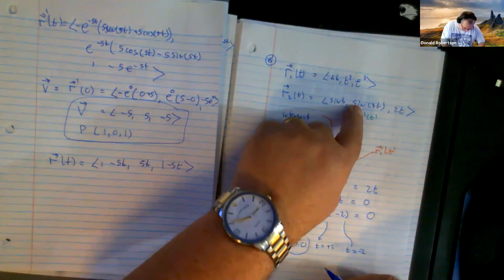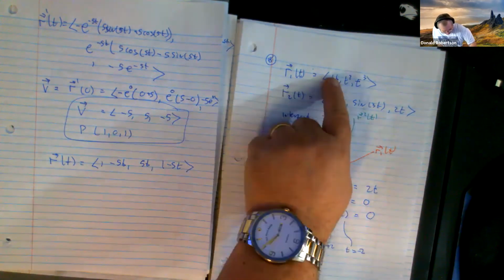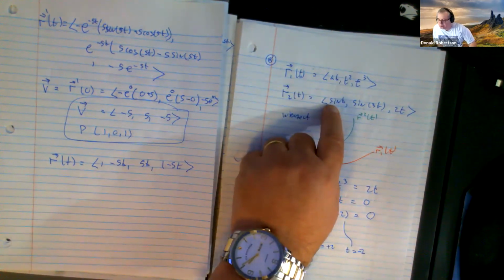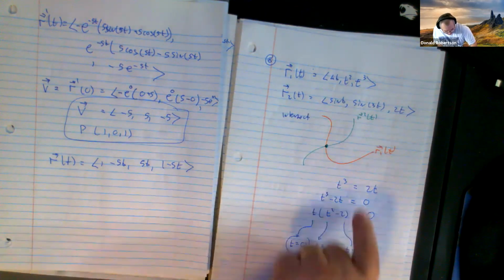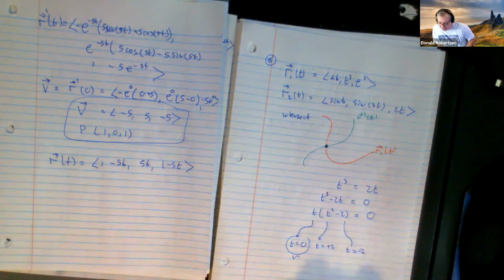Sine of that, 0 squared. Check. If I plug in 2 here, does A equal sine of 2? No, doesn't match. If I plug in -2, will negative A equal the sine of -2? It doesn't match. Do you see how I decided from 3 choices which one actually was the one that I needed? Does that make sense?